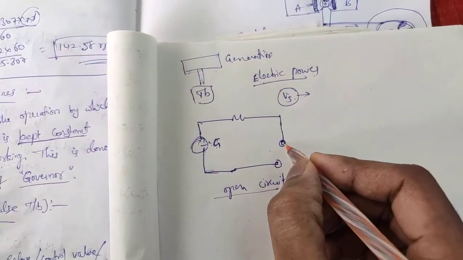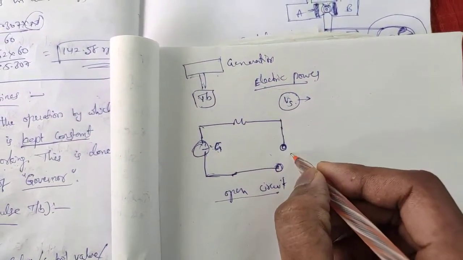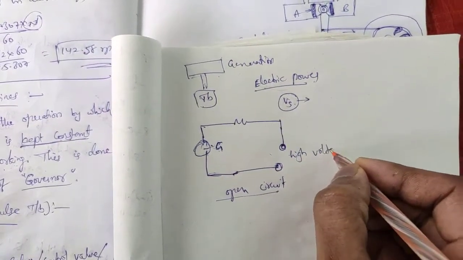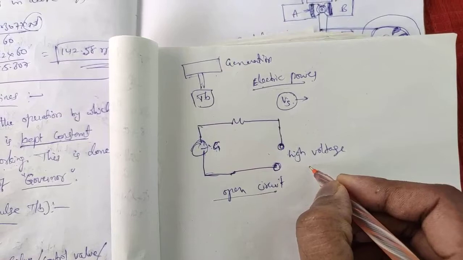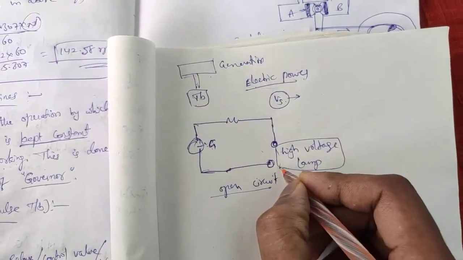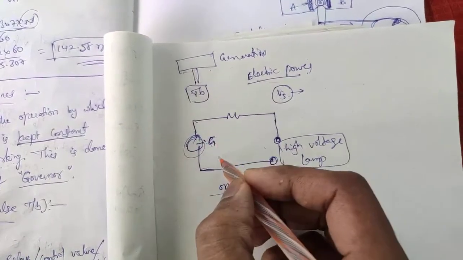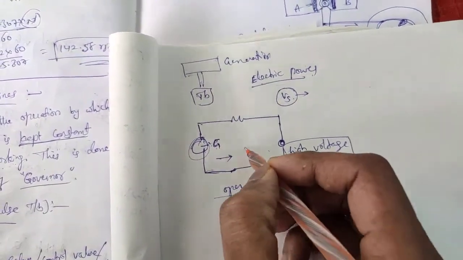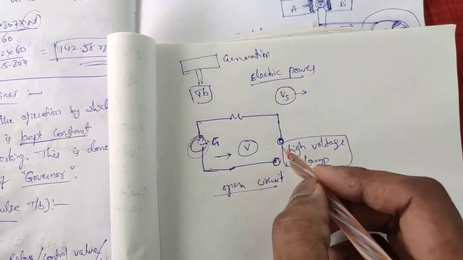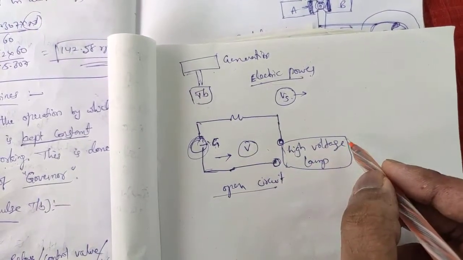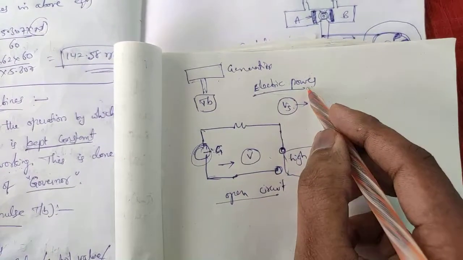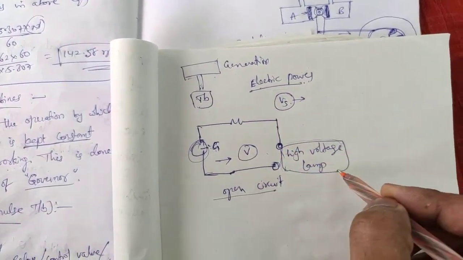If you connect the end terminals with a high voltage lamp, then this generator needs to produce more voltage. That means there is a demand in the electrical power because we have attached the high voltage lamp.